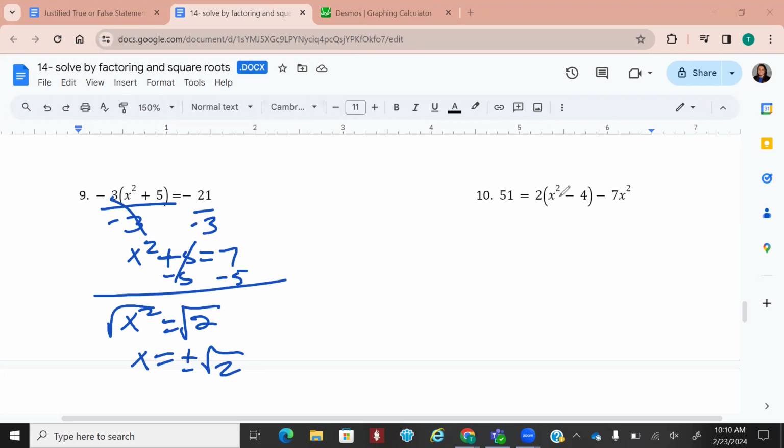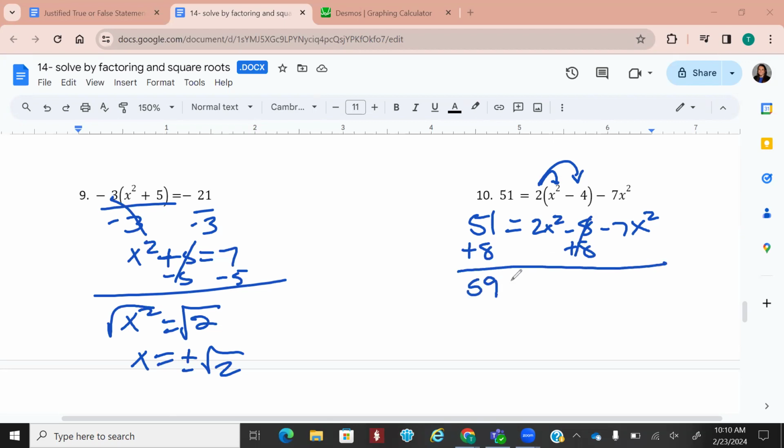Okay. Number 10 looks a little crazy. I would suspect this being on like your SAT, or you would see it a little bit later. We're going to distribute this guy because we're trying to get x's on one side, numbers on the other. So we're going to add that 8 to the other side, and that's going to give me 59.